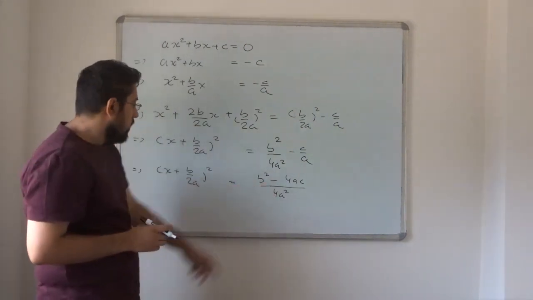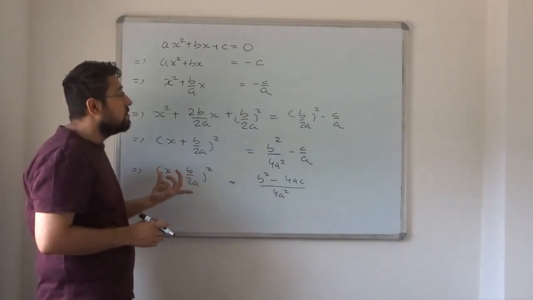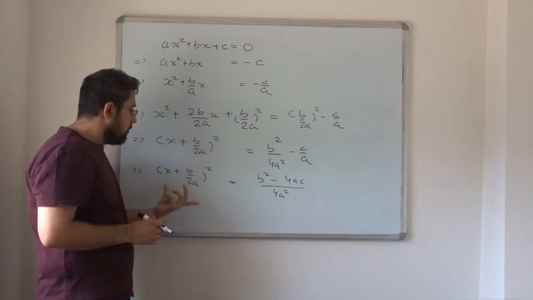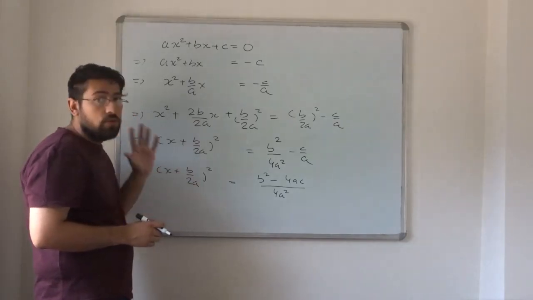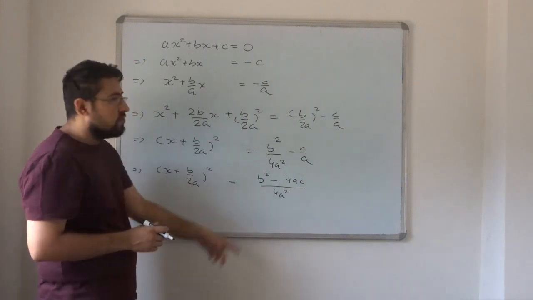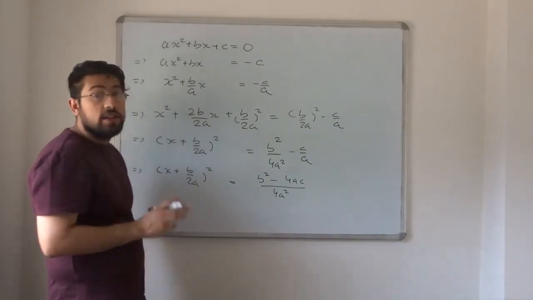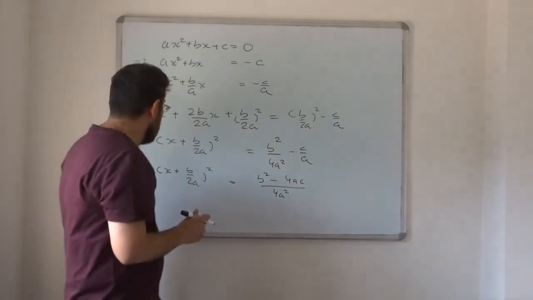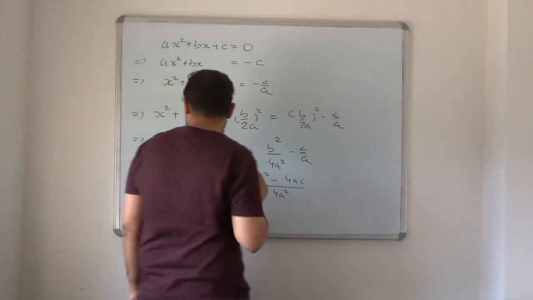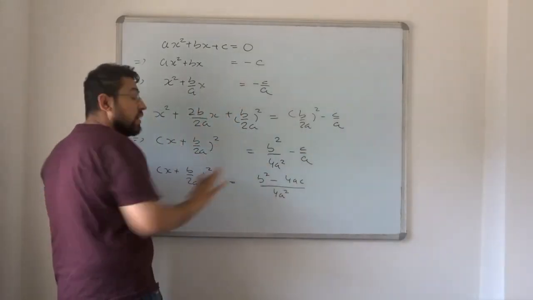Because there's a square on this side, we have to take the square out. So what do we do in order to take the square out? In order to cancel out the square, we have to take the square root, isn't it? So you take the square root on both sides.